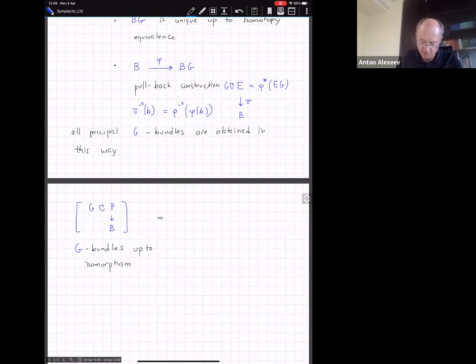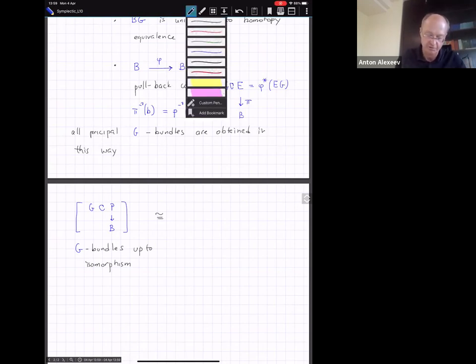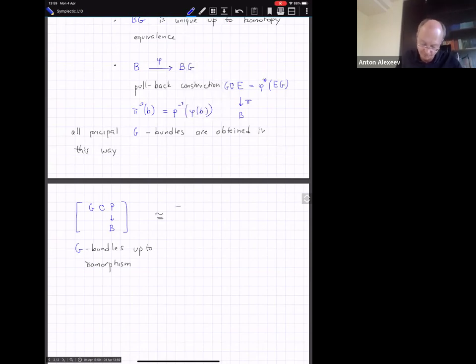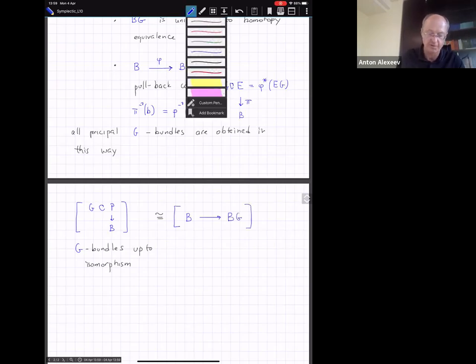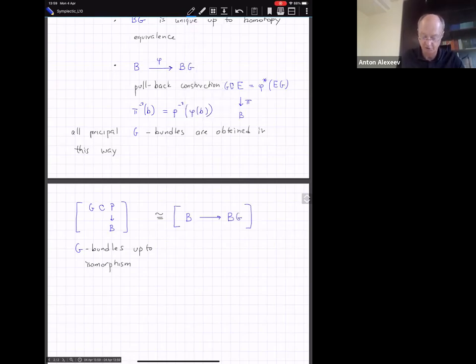Then this set is isomorphic to homotopy classes of maps from B to BG.